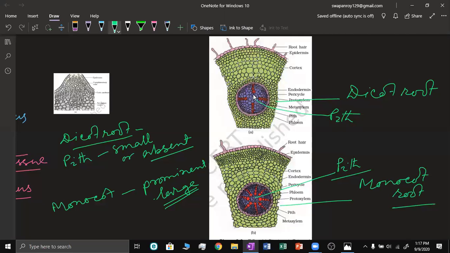Here it is 4, but in this case the number of xylem bundles is many: 1, 2, 3, 4, 5, 6, 7, 8, nearly 8.